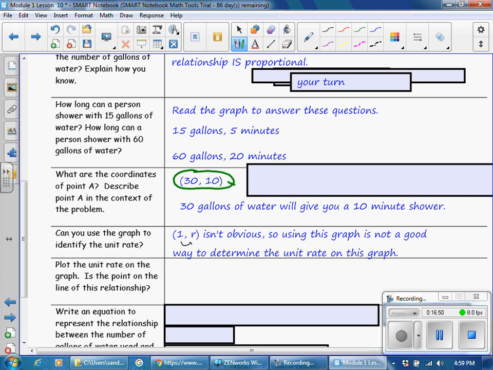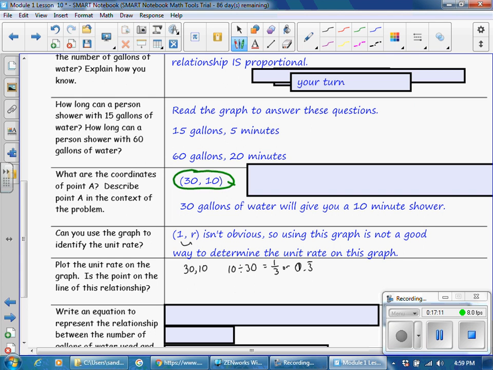Plot the unit rate on the graph as a point on the line of the relationship. So let's calculate the unit rate with the ordered pair (30, 10). 10 divided by 30 is 1/3. If you use a calculator, 0.3 repeating.